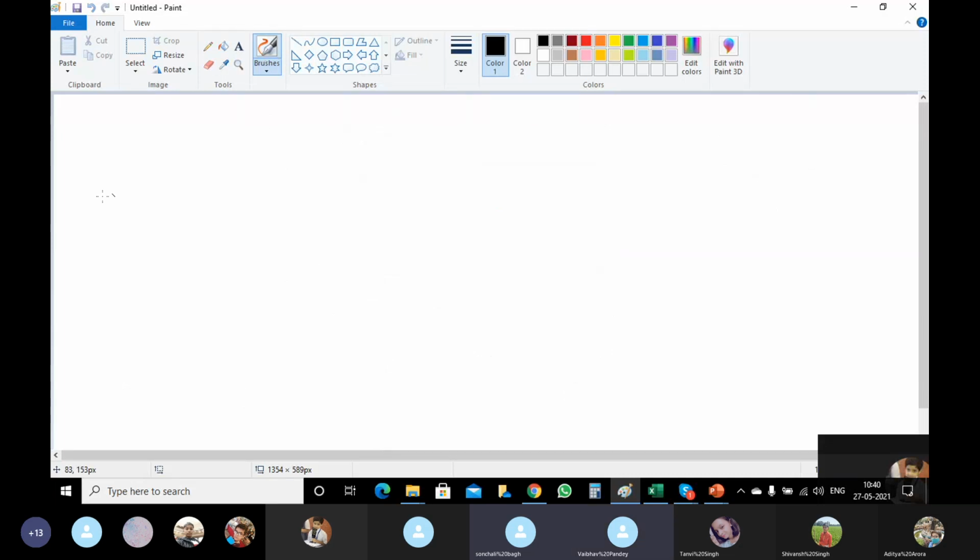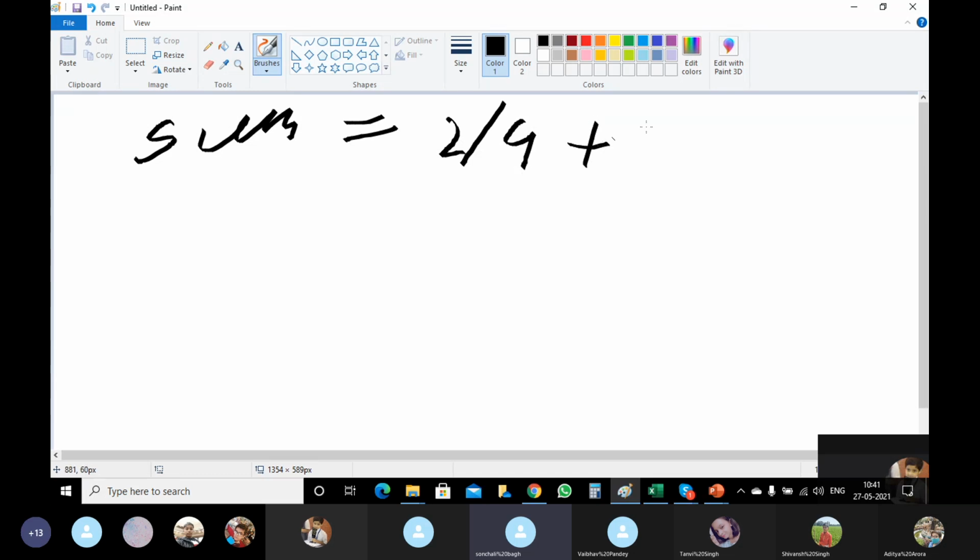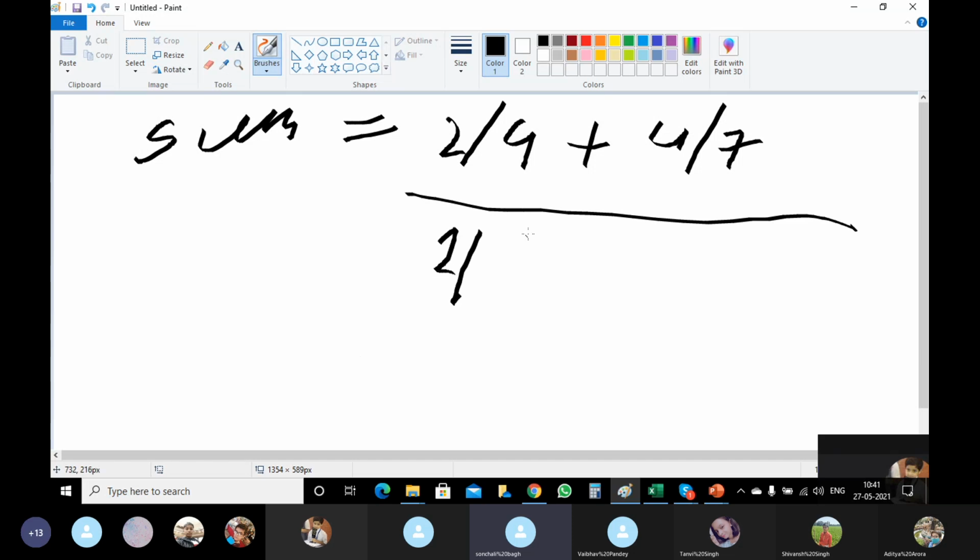Divide the sum, sum means this one. You have to get the sum of 2 by 9 plus 4 by 7, whole divided by its difference, that is 2 by 9 minus 4 by 7.